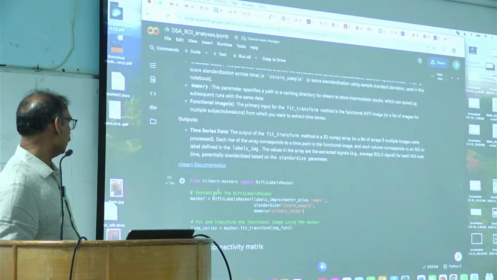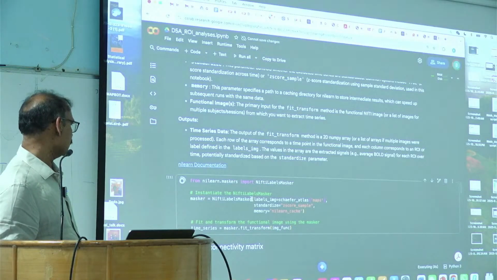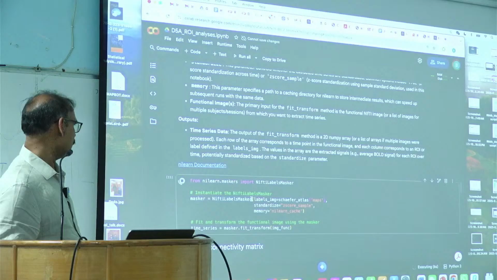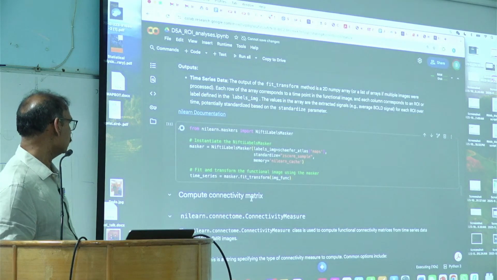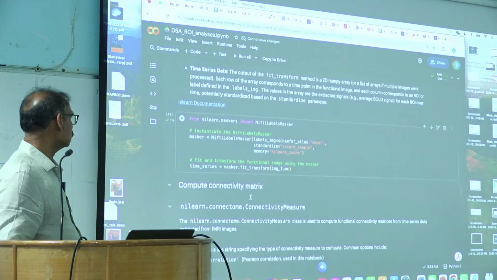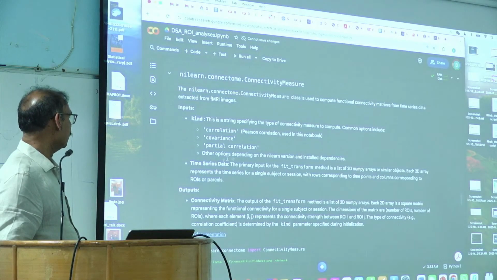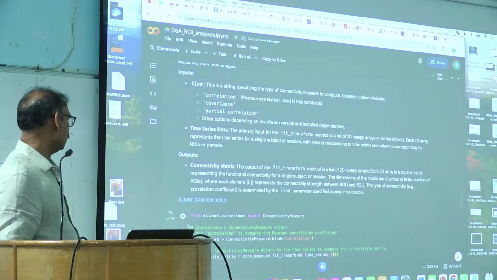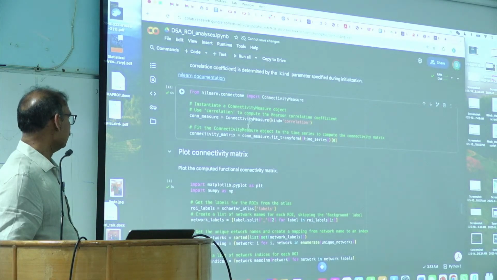And here you compute, and then you're looking at the correlation structure, the correlation matrices.